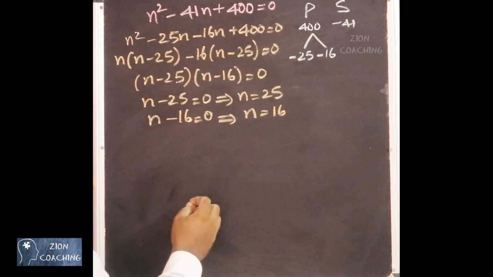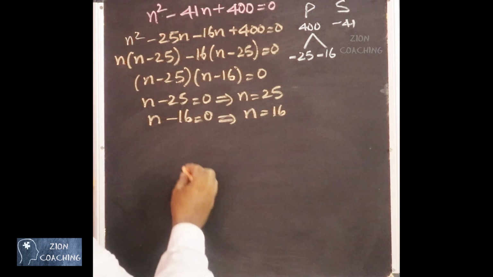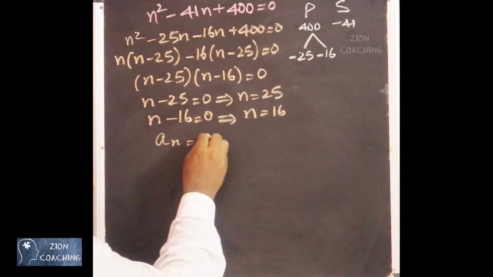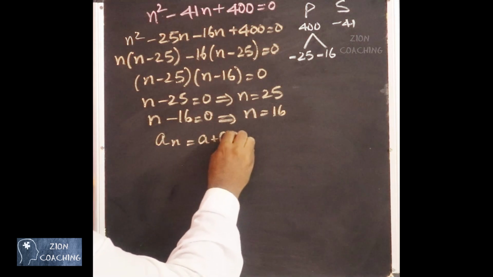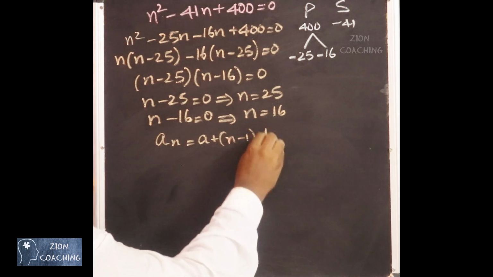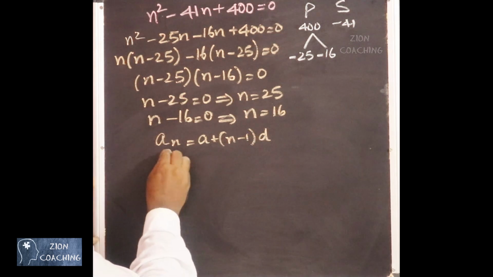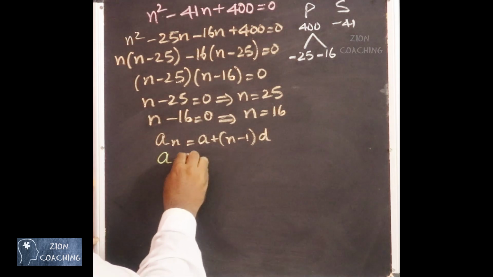Now we will find an. An is equal to a plus n minus 1 into d. We are going to find A25.